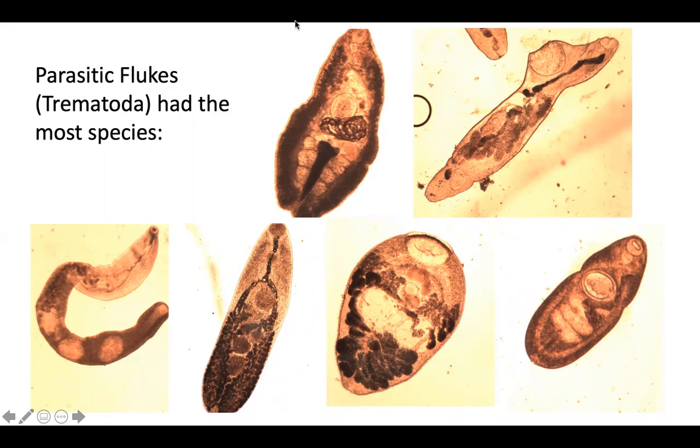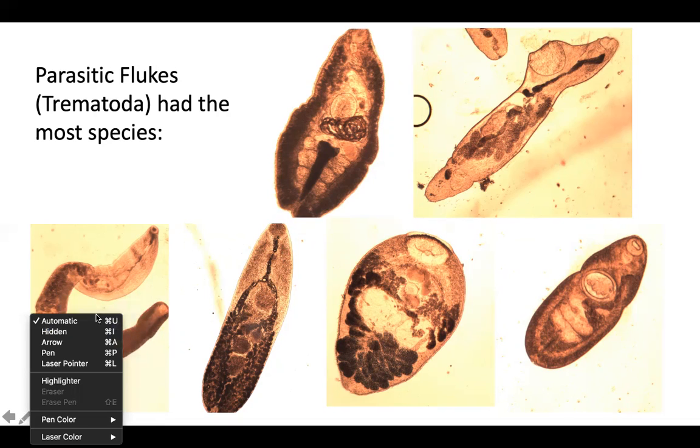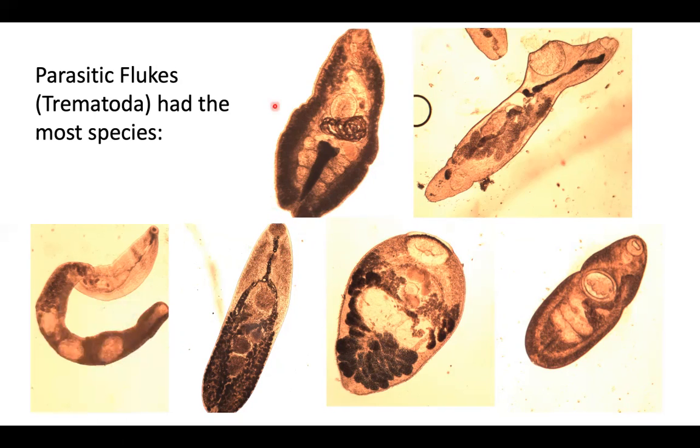So on the top, on the left, let me see if I can get like a cursor here. Okay, here's the laser pointer. So in this worm here, at the top is the end with the mouth, and then it has a sucker on its ventral surface. And then this swirl here is actually the uterus.